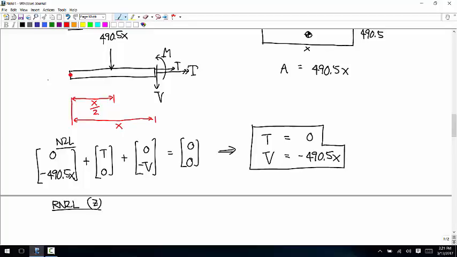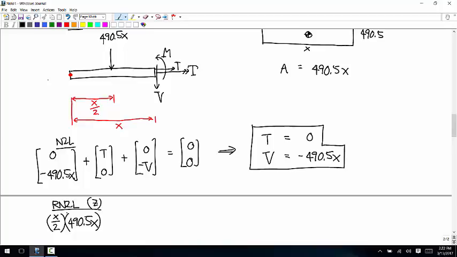If you think of that as a hinge, this downward force would make it rotate this way. So the moment produced by the weight has a moment arm of x over 2 and a force magnitude of 490.5x.